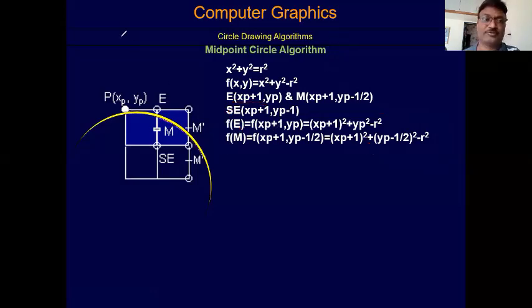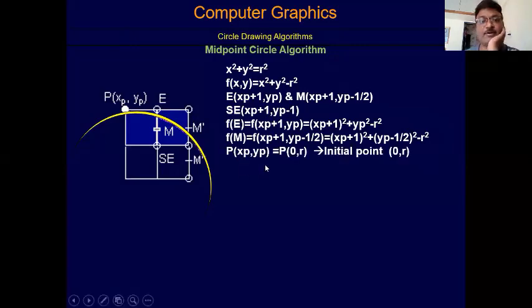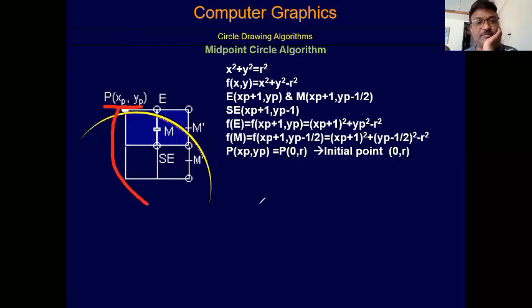Now proceed to the next one. Once I have put this, I have considered my xp, yp. Where is my point? xp, yp is this point. Suppose I have put the initial point, the starting point. Why am I putting this initial point?